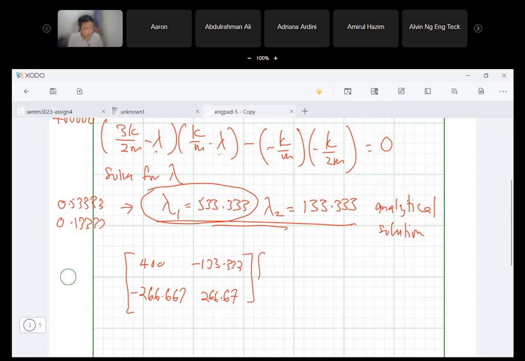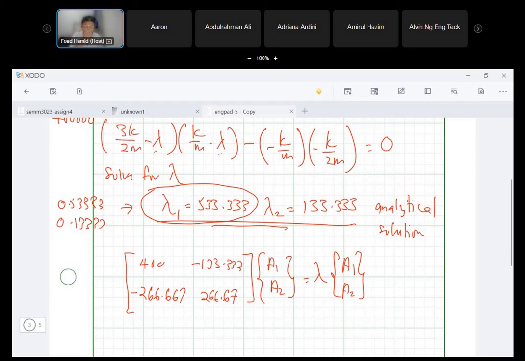And then this one is A1, A2, and this should be lambda A1 and A2. If you set it up correctly, this is what you get.